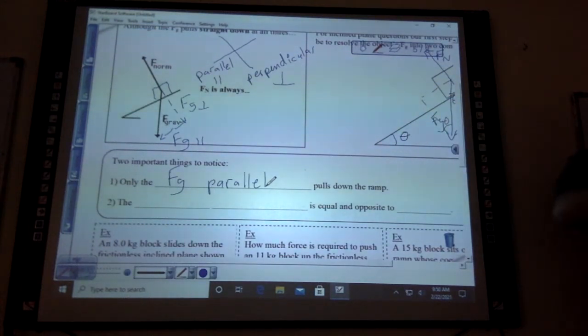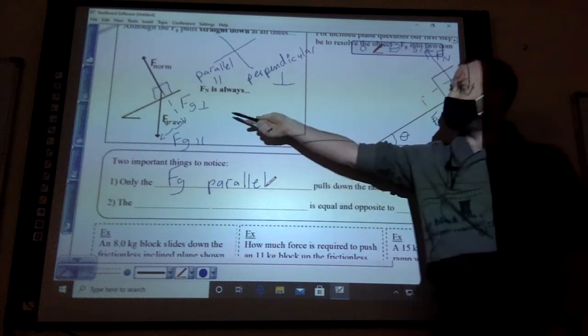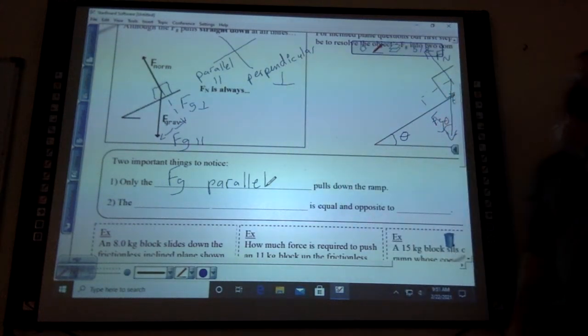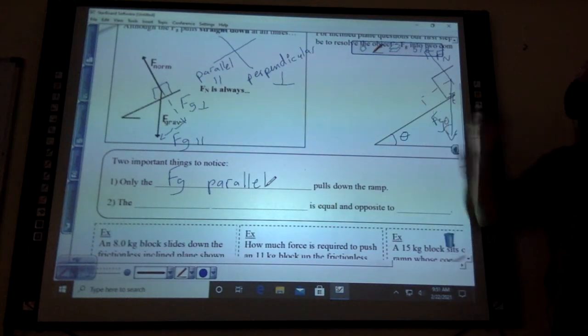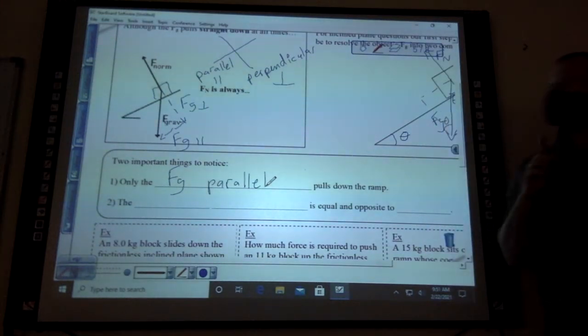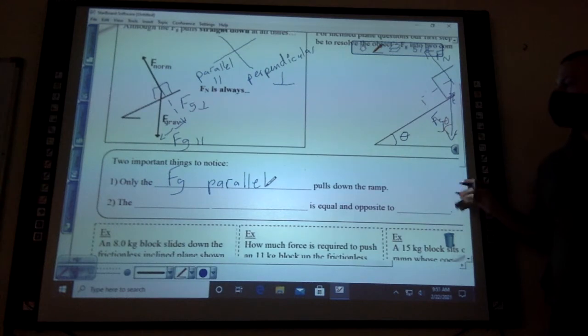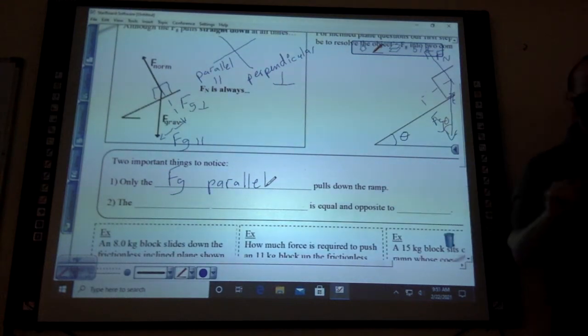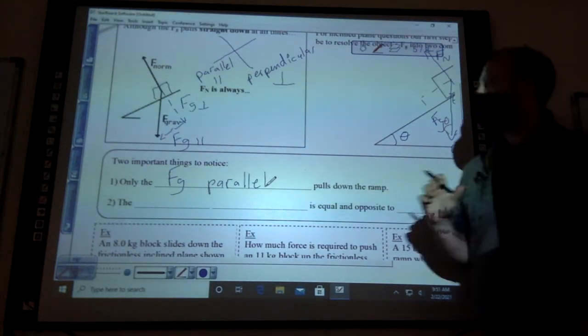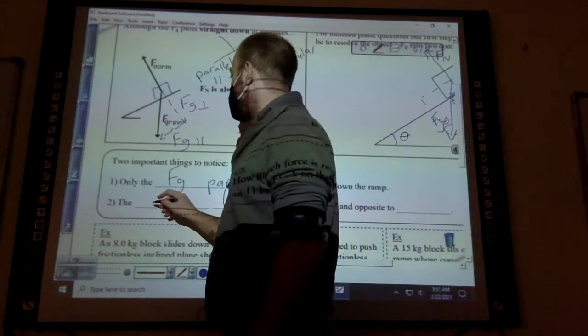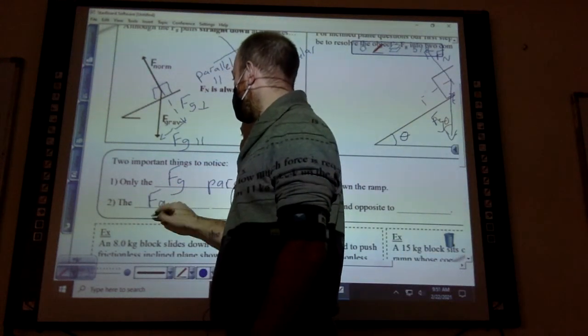Just like if I've got something on the desk, FG is causing it not to float. If you don't have FG, it's going to float. If you don't have FG perpendicular, it's going to float off of the surface. So the FG perpendicular, as Nazar said, is going to be equal and opposite to the normal force, which is what we're going to need to deal with for lots of the questions.